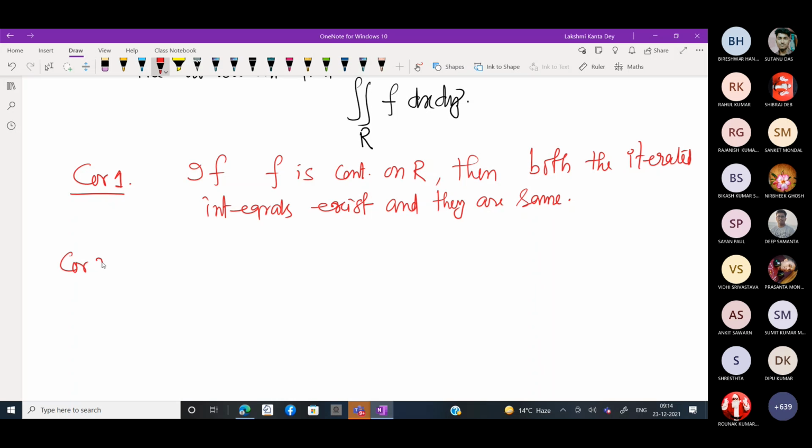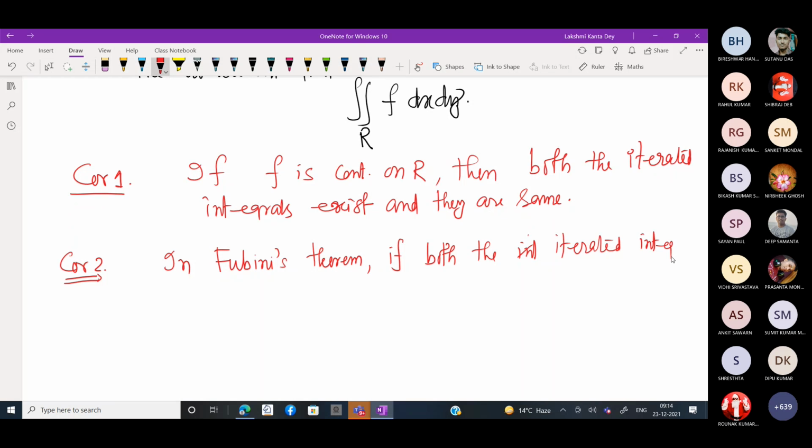Then another corollary in Fubini's theorem: if both the iterated integrals exist, then they are the same.